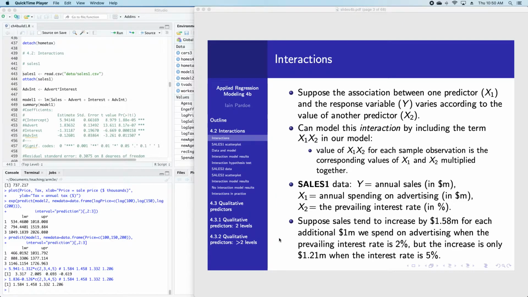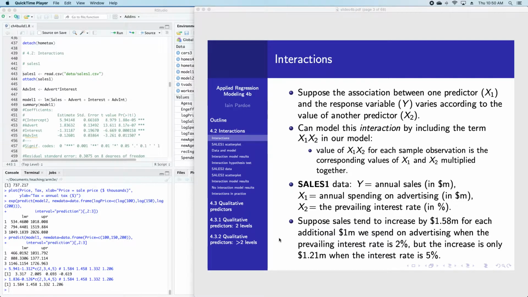As an example of how this could arise, let's suppose that sales were to increase on average by $1.58 million for each additional $1 million we spend on advertising when the prevailing interest rate is 2%.